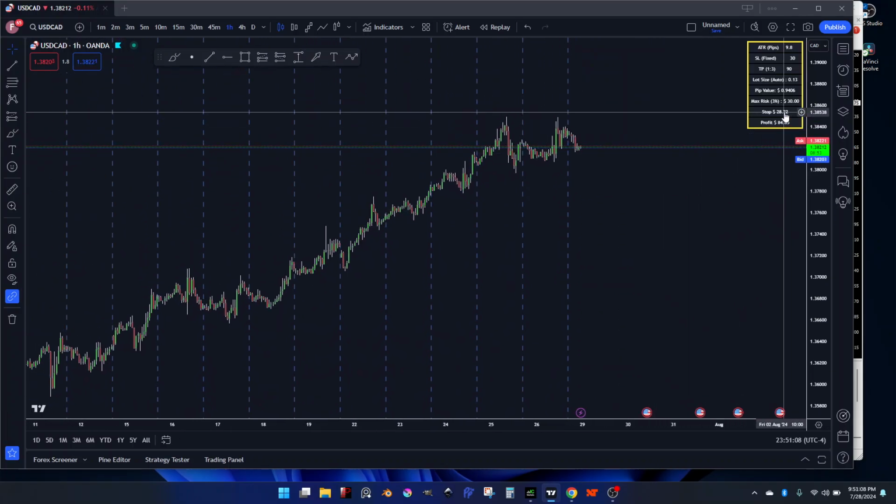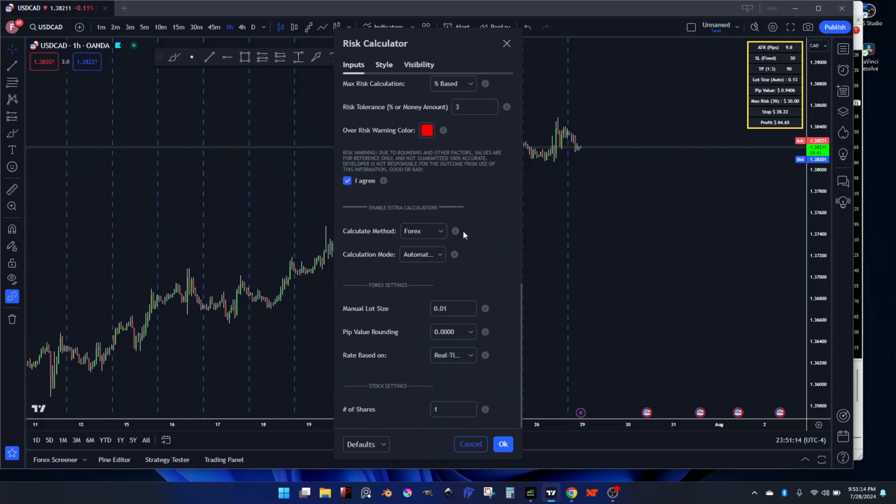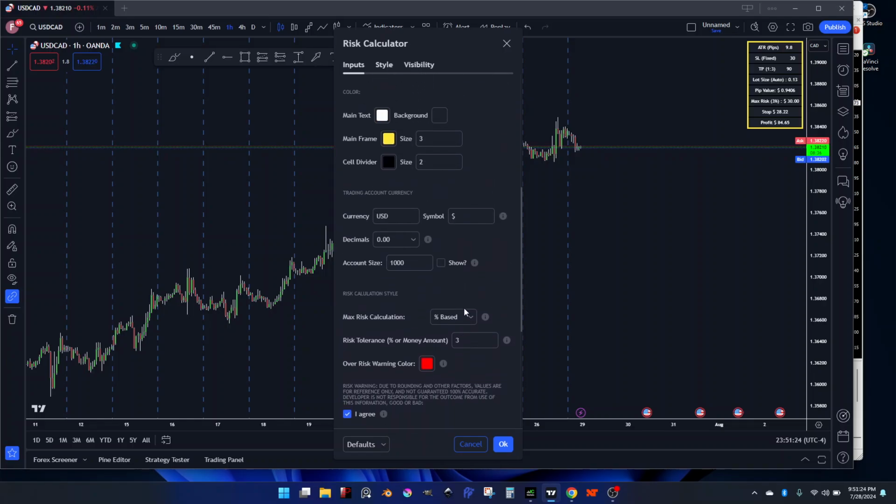In this case, the stop size would be 28.22, and we're doing automatic lot sizing. Do not include commission.